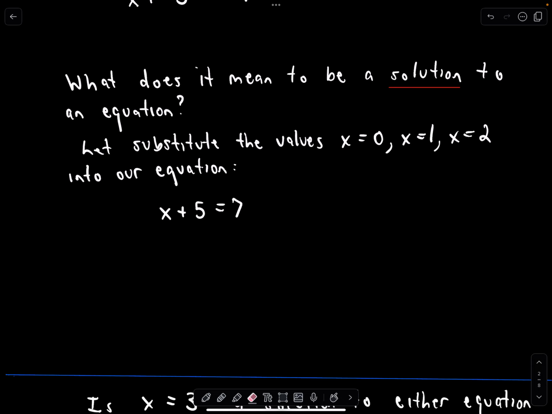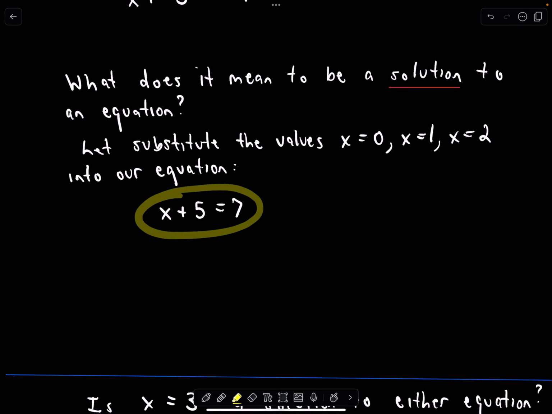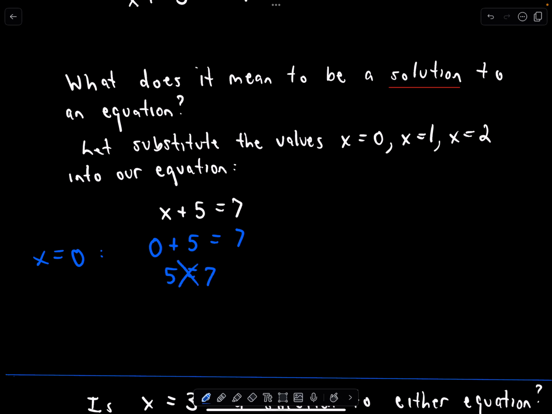So for example, let's take these values of x equals 0, x equals 1, x equals 2, and substitute them into that equation. I think we can go through these relatively quickly. If I substitute in x equals 0, I would have 0 plus 5 equals 7. That gives me 5 equals 7, which is clearly not true.